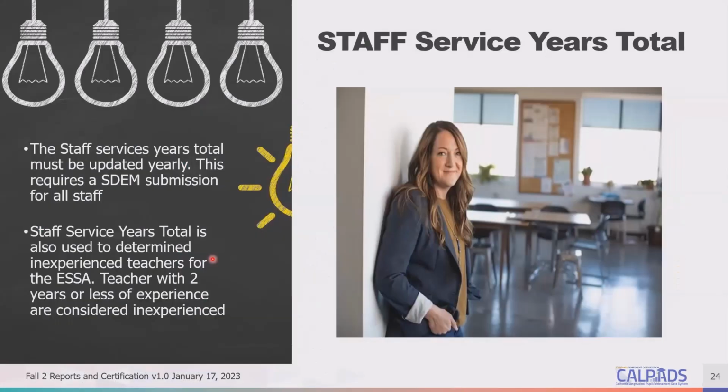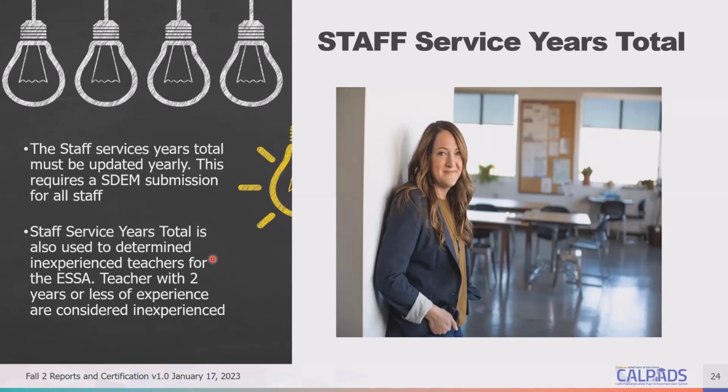So again, I've mentioned the staff service years. Staff service years have to be judiciously reported in CalPADS. You have to make sure that you have the correct years. Otherwise, if you haven't updated your newly minted teacher from last year or 2 years ago, then CalPADS will still consider the teacher as inexperienced.